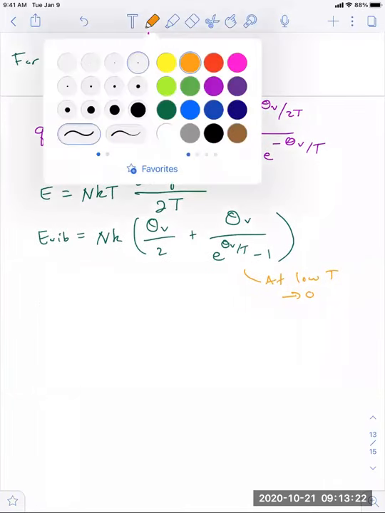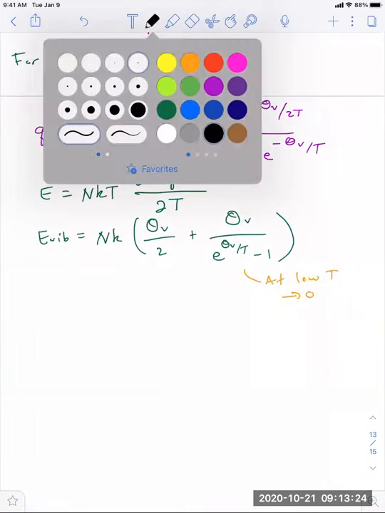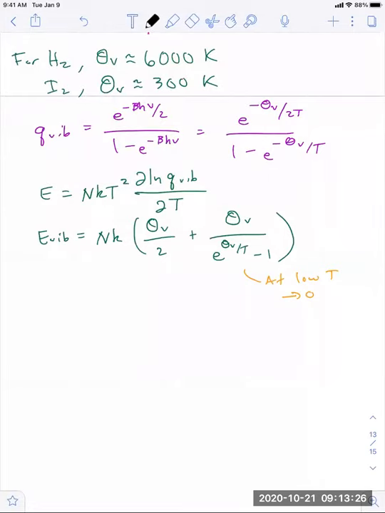So how does the vibrational temperature affect the occupation of different energy levels? If I plot my energy levels here, so 0, 1, 2, 3, and so forth, and then the probability of occupying those energy levels.